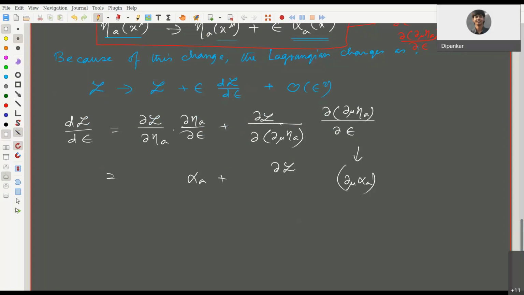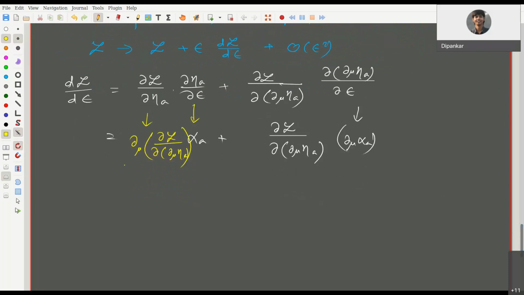I will not do anything with the second part, so I will keep it as del L over del of (del_mu eta_A). But with the first part, I will use my equation of motion, so this becomes del_mu of (del L over del of (del_mu eta_A)). Looking at these two pieces together, it is del_mu of (del L over del of (del_mu eta_A)) times alpha_A. That's it.